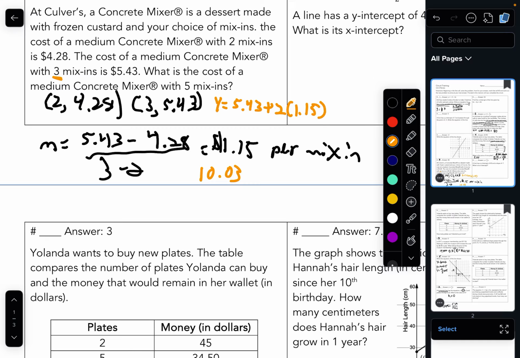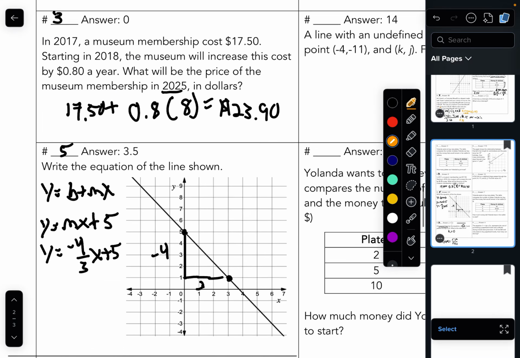And I added that to 5.43, plus 2 times 1.15. I have no idea where that answer came from because that's not right. 7.73 is a much smaller number, and I think that's the right one. So I made a mistake. This equals $7.73. So let's look for that.